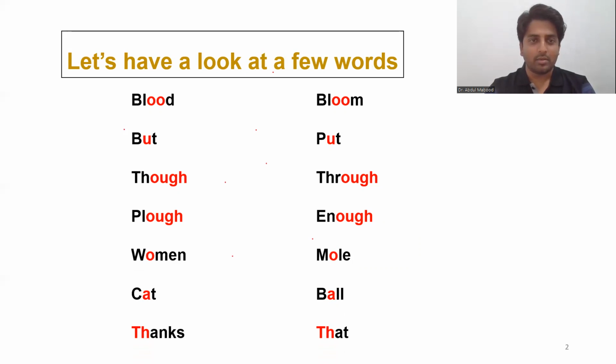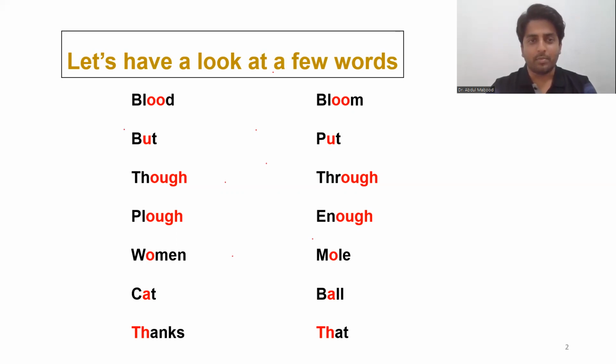Now, I hope you have already noticed that in each pair, each word has one or some letters in red color, and in both the words, those letters are the same in a pair. If you notice the first pair, in blood, double o gives the sound a, but in bloom it gives the sound oo.